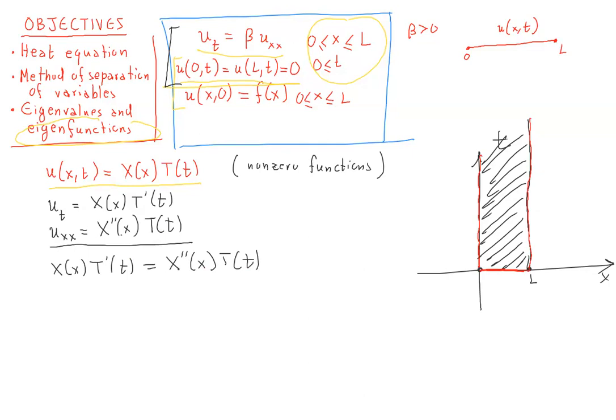And what we're going to do now is pretty much separate the two variables. So we're going to get T prime of t over T of t is equal to X double prime of x over X of x.